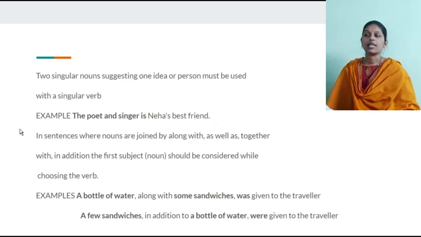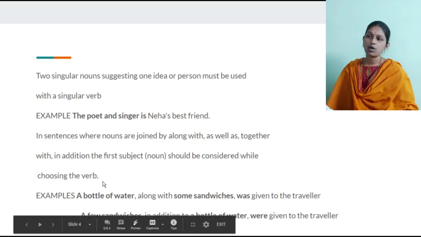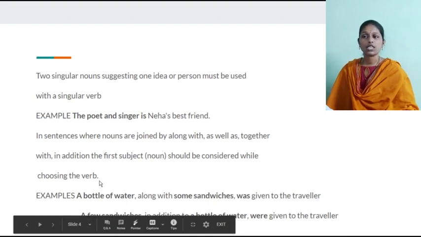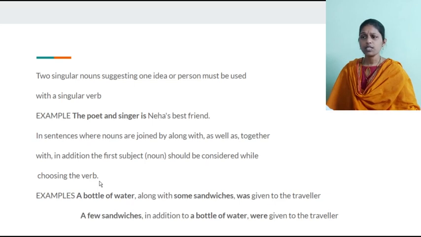And in sentences where nouns are joined by along with, as well as, together with, in addition to, the first subject, the noun, should be considered while choosing the verb. If the first subject is singular, you use a singular verb. If the first subject is plural, then we use a plural verb. See here the examples.